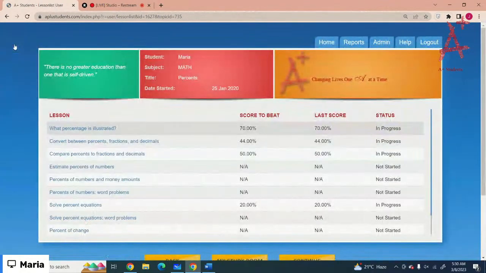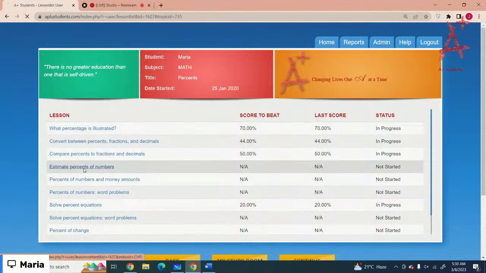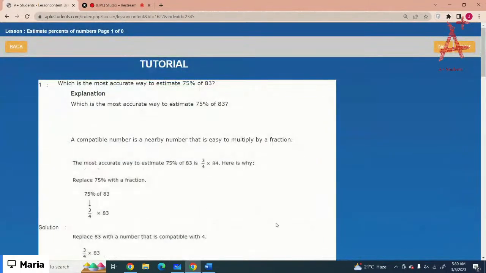The next lesson is estimate percents of a number. So let's just do estimation with the percentages. Got it? Okay, what is the accurate way to estimate 75% of 83?